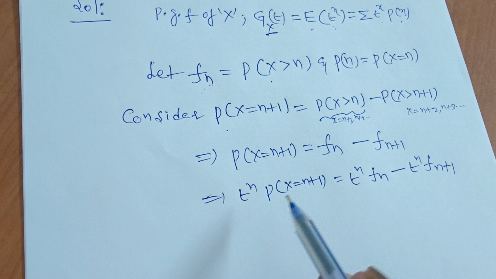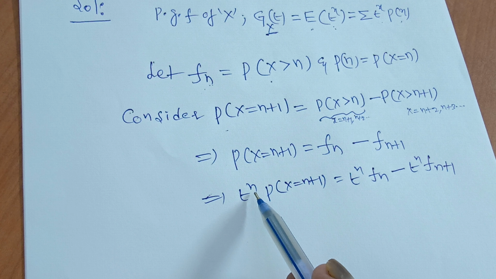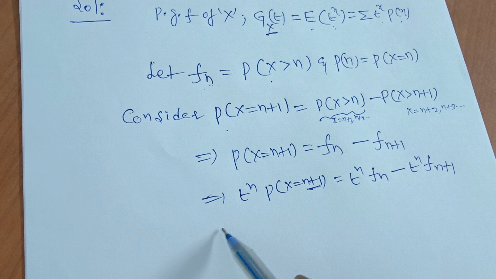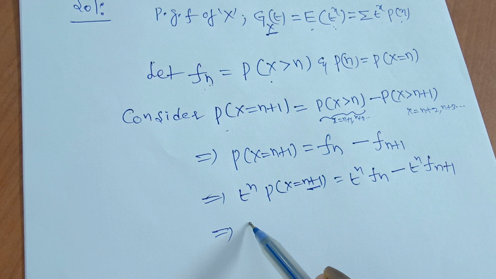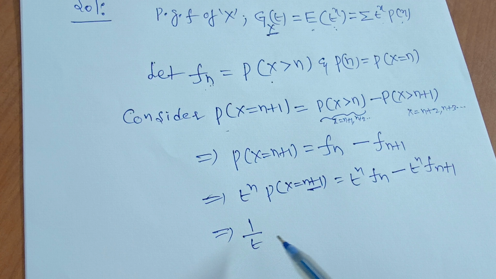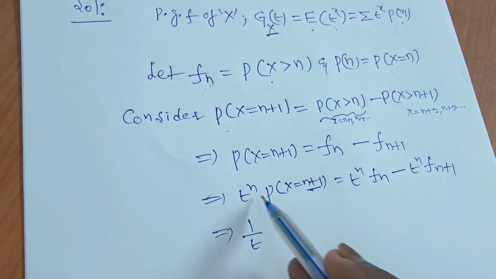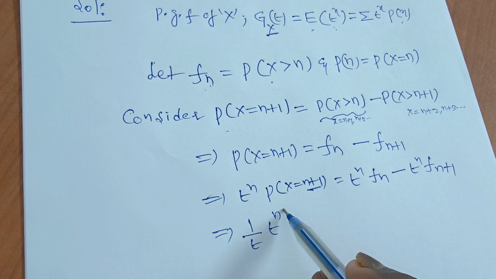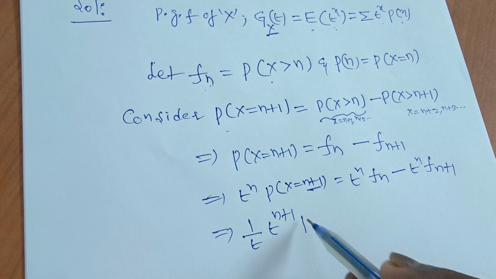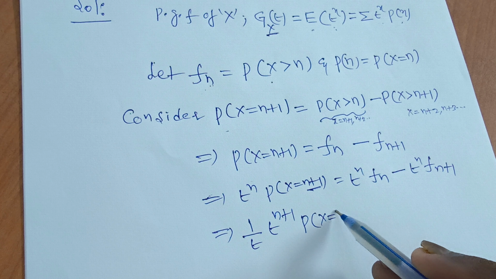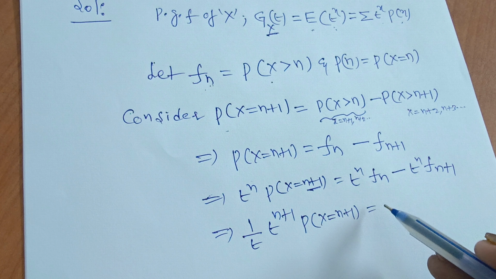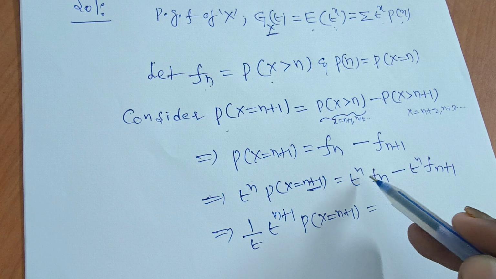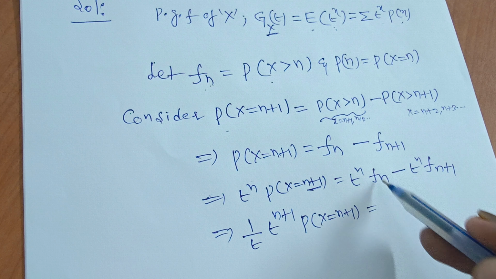We need to take care of power values of t as x values here. Okay, that's why divide and multiply with t to get the power of t value as n plus 1. t power n plus 1 into p of x is equal to n plus 1 is equal to, there is no need to change the power of t value because here the f suffix value is n.